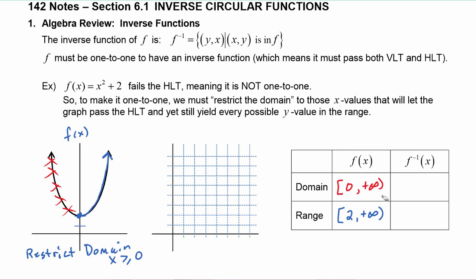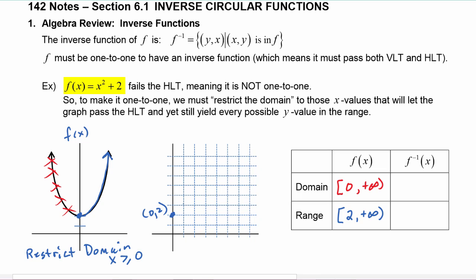Now let's take a look at our graph of f of x. We're going to plot it over on this other coordinate plane. We know we have the point 0, 2. If we were to plug a 1 in for x, 1 squared plus 2 is 3.